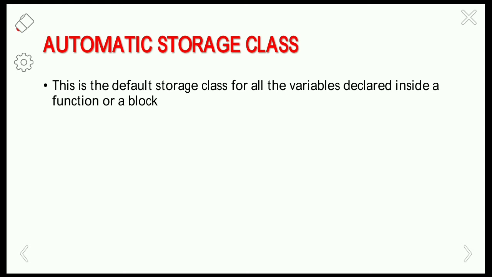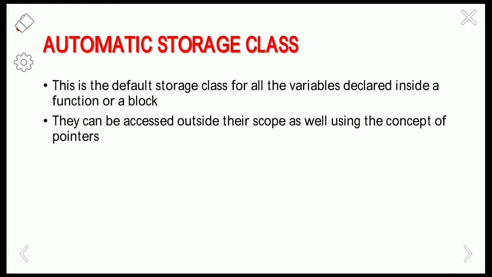If you do not define the storage class name, then the compiler will automatically consider the default storage class as auto. If you are not allocating a storage class to the particular variable, the compiler will automatically assign the default storage class, that is the automatic storage class.